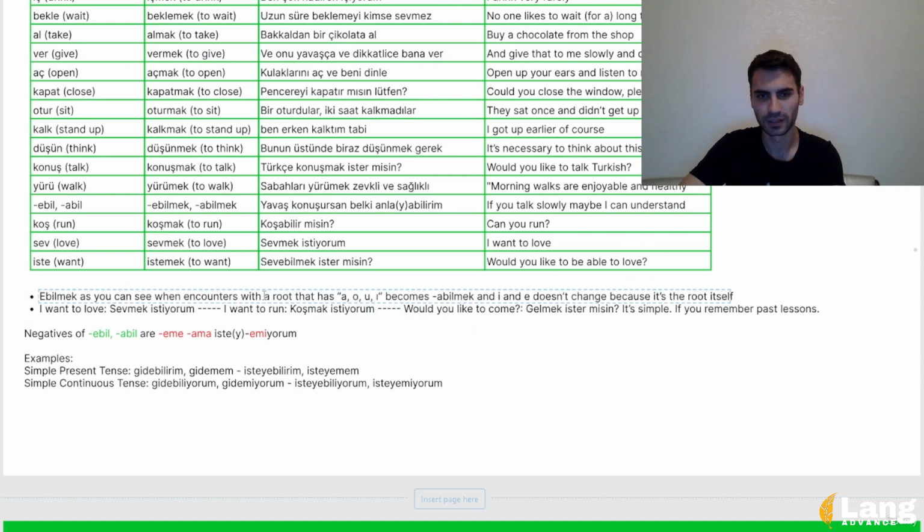When it encounters a root that has a, o, u, which we call hard vowels, it becomes abilmek. And e and e doesn't change because it's the root itself. Inside the ebilmek there is e and e, as you can see, and this doesn't change, because e is the root of this verb.